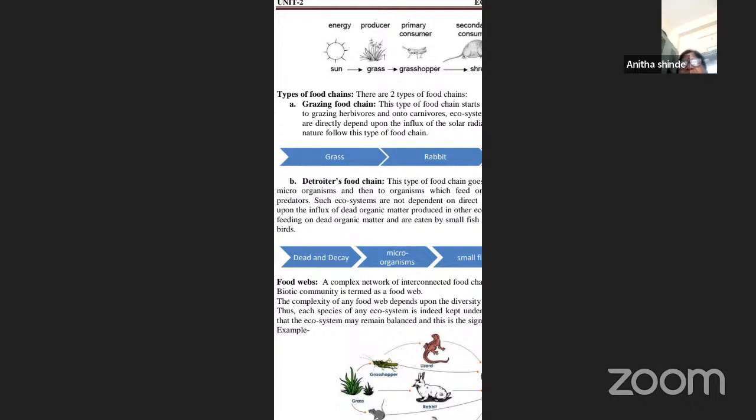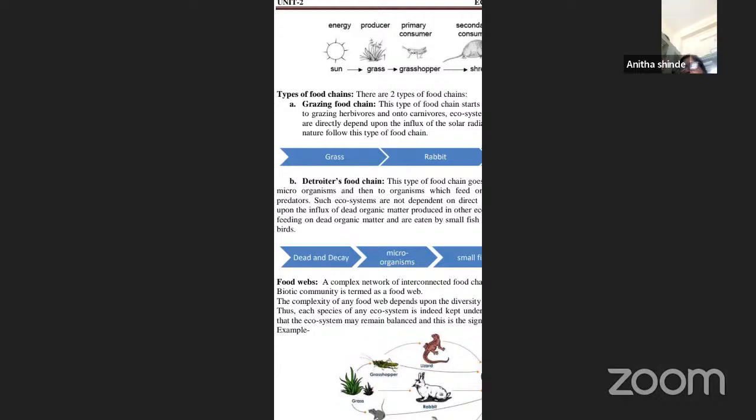That is the reason why the detritus food chain is basically taken in the aquatic habitat. Why? Because in the aquatic habitat, you definitely have organisms like bacteria, fungi and all those things. Even on the terrestrial habitat, if decayed organic matter is there, it will be eaten up by the microorganisms.